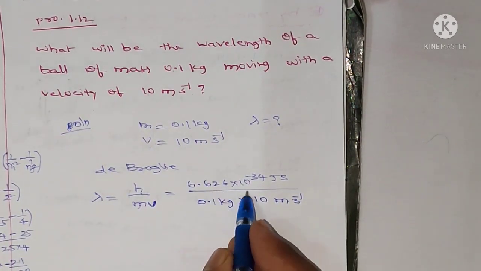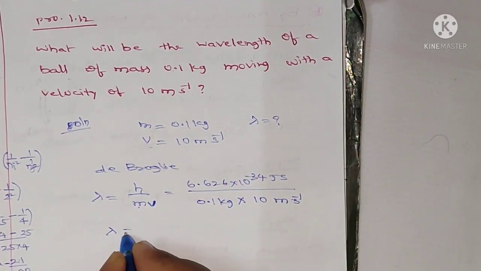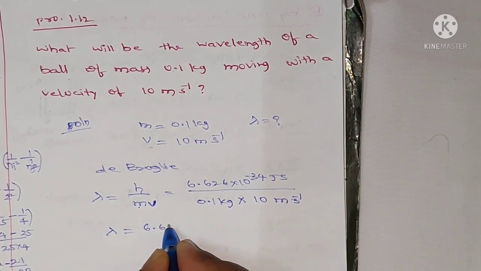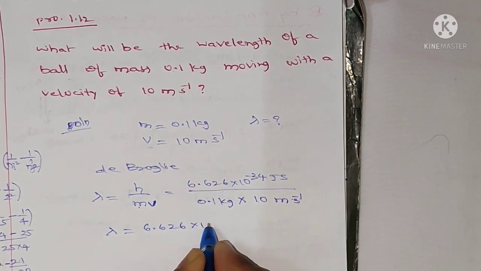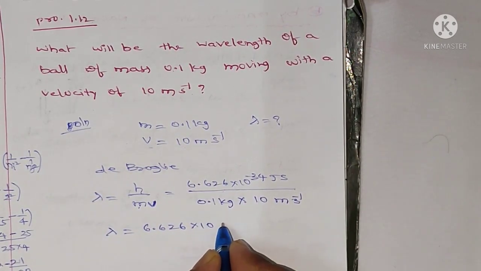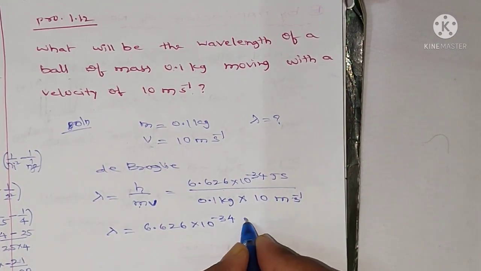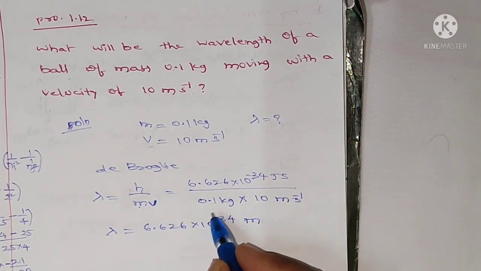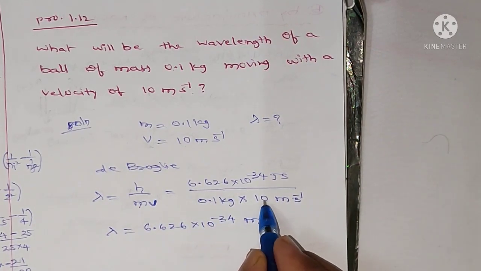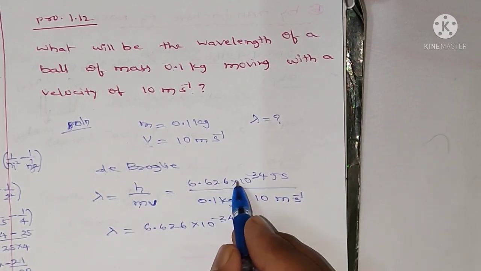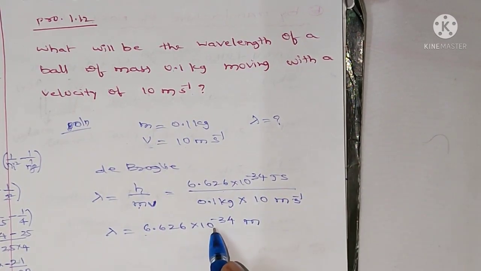So if you do this calculation, you will get lambda is equal to 6.626 into 10 to the power of minus 34 meters, because here 0.1 and here 10, so these two will cancel. So the remaining value is 6.626 into 10 to the power of minus 34 meters.